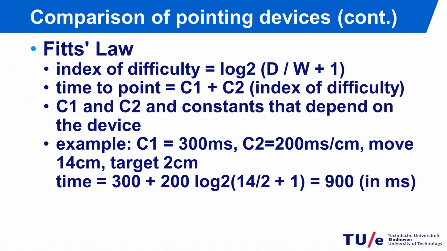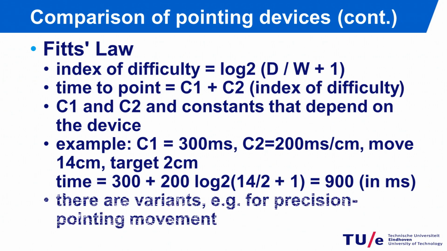So you can simply calculate. As the example on the screen, you have to move 14 centimeters to hit a target of 2 centimeters. You can simply compute with this formula that it will take 9/10 of a second to hit the target. There are some variants on this formula, especially for high precision pointing.